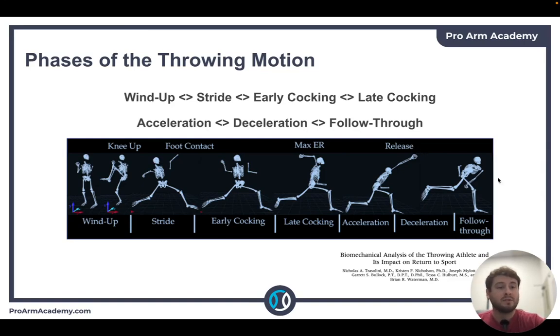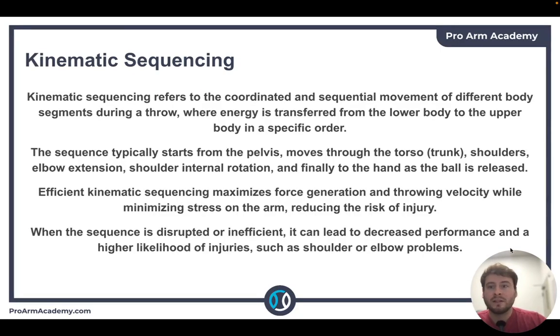So let's dive a little bit more specific when it comes to all of this. Next slide. Okay, I want to talk real quick. I'm not going to bore you, you can read this if you want to, but what is kinematic sequencing? Basically it's the coordinated movement pattern that your body should go through when you throw a baseball, right? You're basically pulling up energy from the ground and you're going to transmit that energy when you throw a baseball. But what's the sequence of events that your body goes through to do that very efficiently, right?